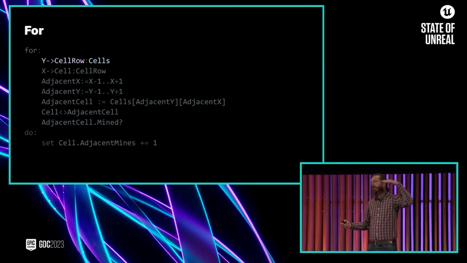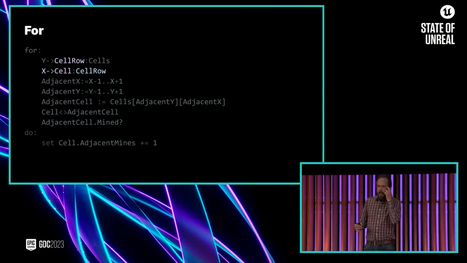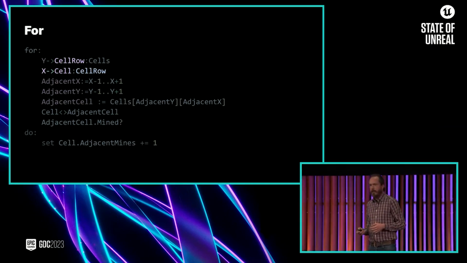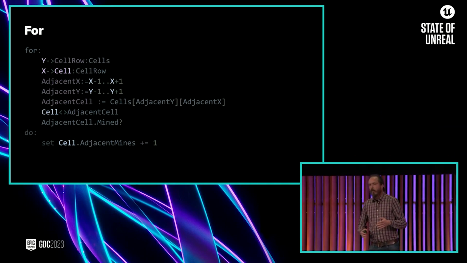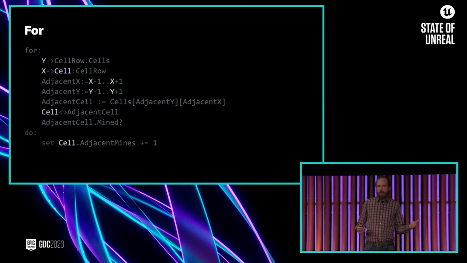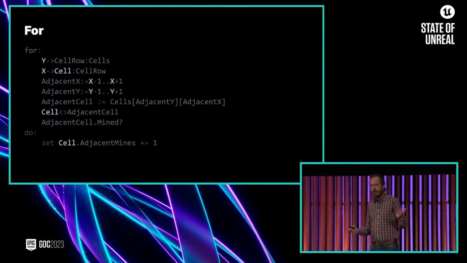But without even having to go into a deeper loop nest, I can, within that same for loop, say, well, I want to grab the x coordinate and the cell out of cell row. So again, x ends up being the index into cell row. Cell is the value at that index. So now with just those two statements, within the rest of the scope of the for loop, I have the x index into this two-dimensional array, the y index into the two-dimensional array, and the entry.